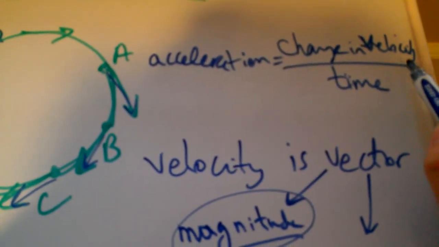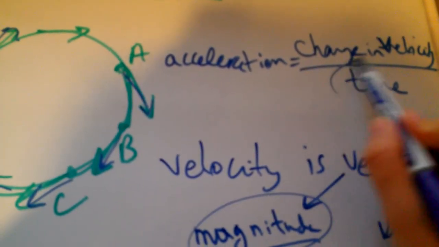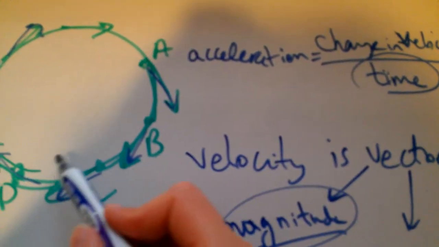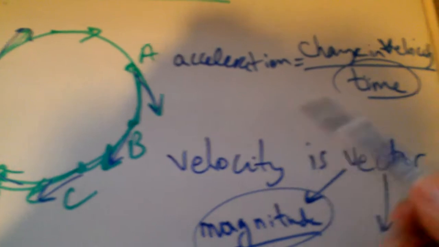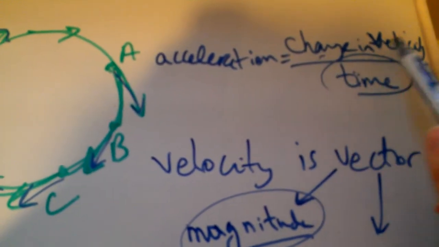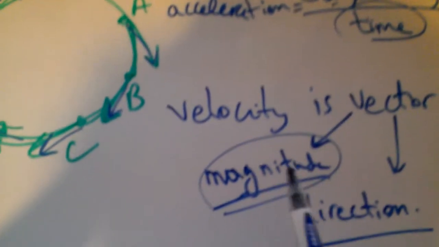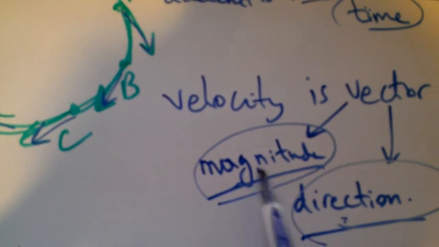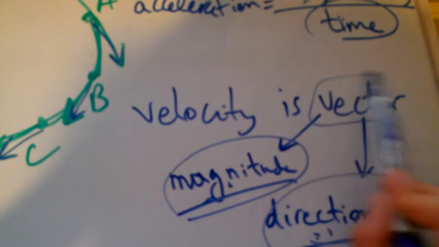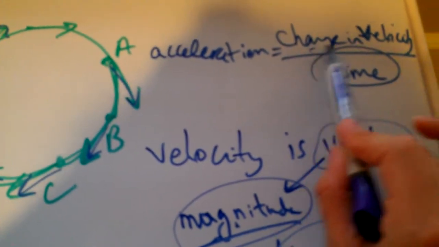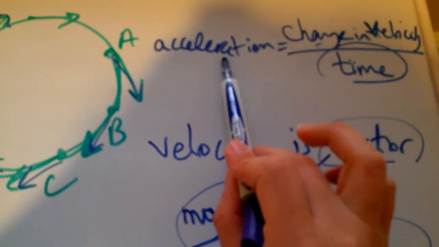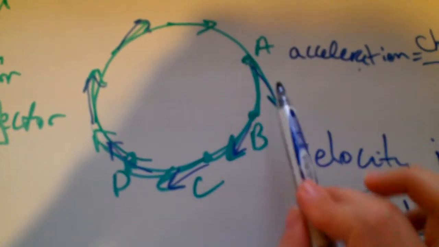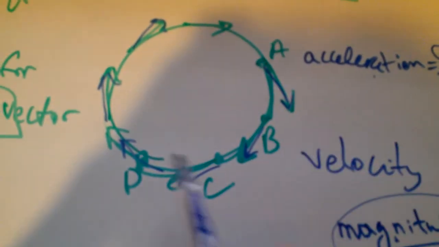Whenever I have change in velocity over some time, say it takes me maybe 5 seconds to move in the circle, whatever it is, either magnitude or direction, they are both as important for a vector quantity. Then change in velocity gives me acceleration. Here, change in velocity is essentially change in the direction of velocity.